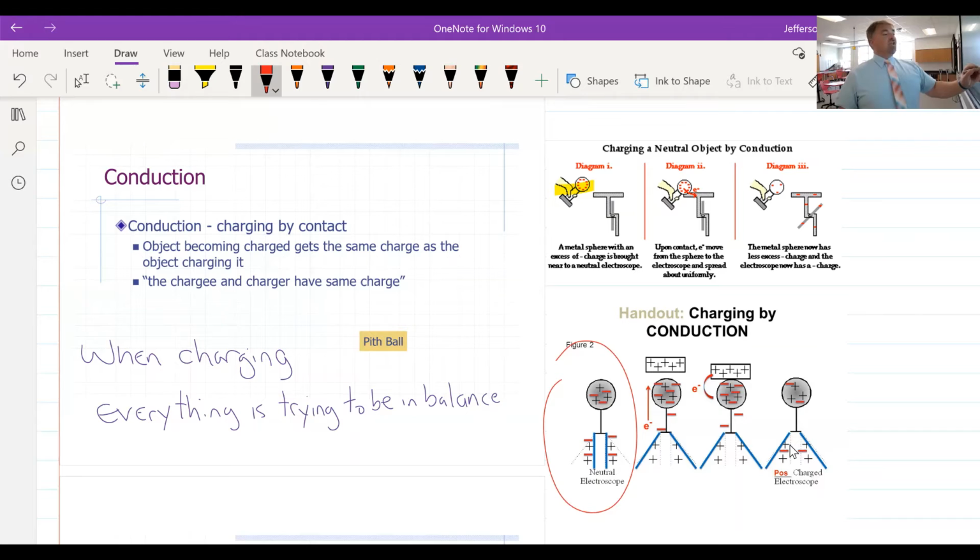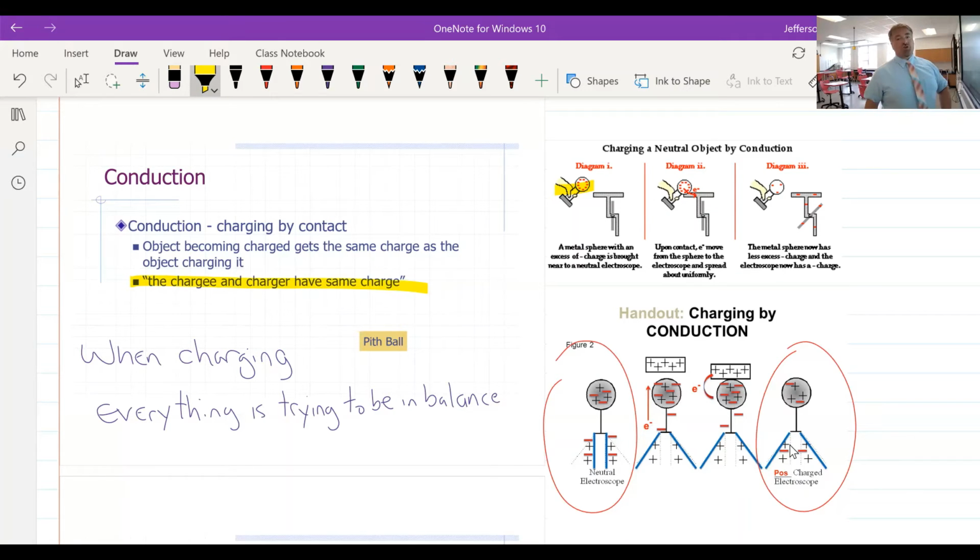Then if I touch it, some of those negatives are going to leave to try and balance out, to make the charge of the rod the same as the charge of the electroscope. And so now when I leave, I am left with a positively charged electroscope. Okay, so again, the key to remember here is that with conduction, the chargee and the charger share the charge, and therefore will have the same charge at the end.